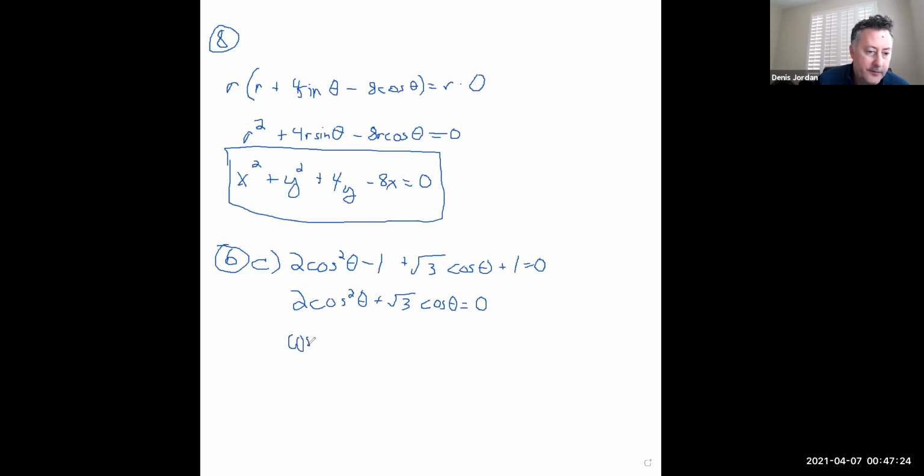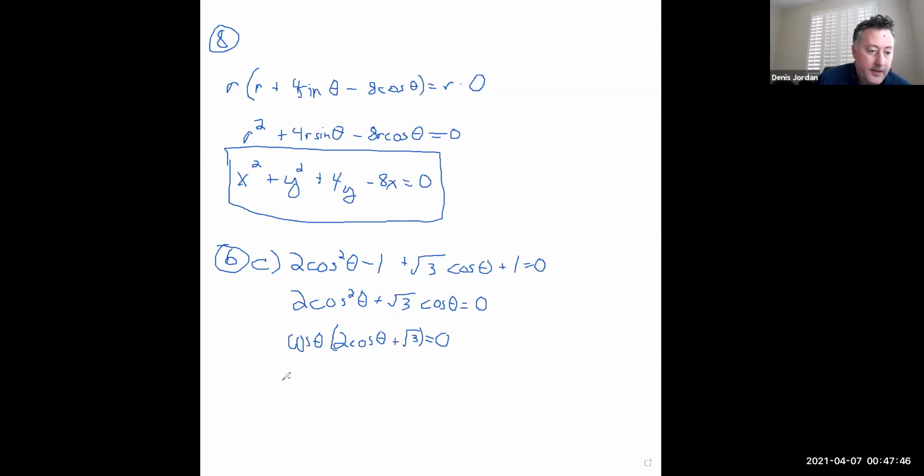One of the first things for factoring is to always look for something you can factor out. Okay, and that's as far as you can factor it.